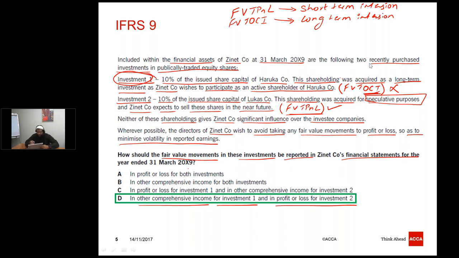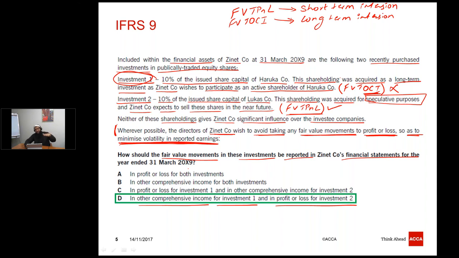Okay, let me repeat the wherever possible line. Wherever possible, the directors of Zynet Company wish to avoid taking any fair value movement to P&L. They want to avoid taking the value to P&L so as to minimize volatility in reported earnings, so that the profit is not volatile.